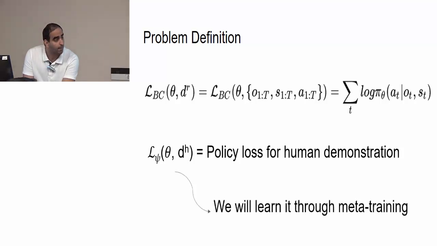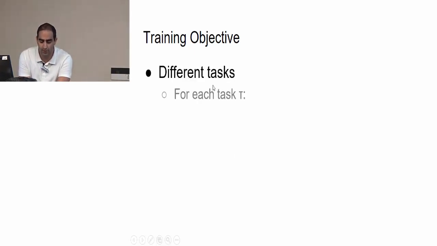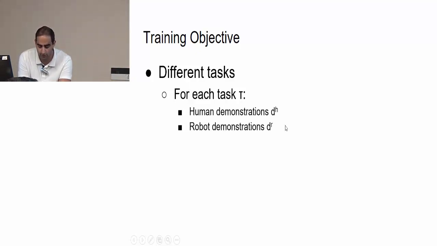When you do one-shot learning, the human demonstration is our only input, and we need to somehow know if our policy matches it or not. So the idea is to learn it through meta-training. Our overall training objective is as follows. We have many different tasks, and for each task, we have a human demonstration DH and a robot demonstration DR.